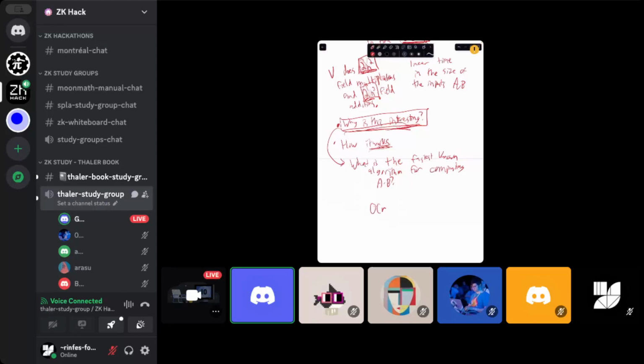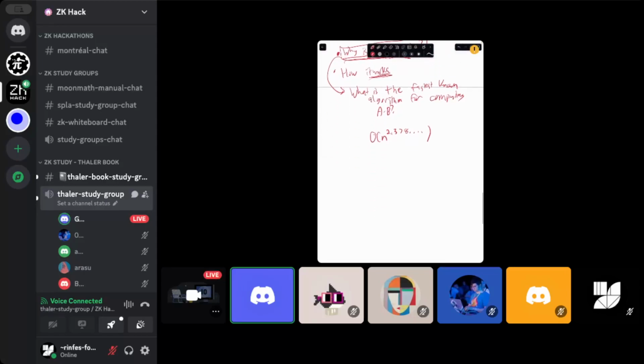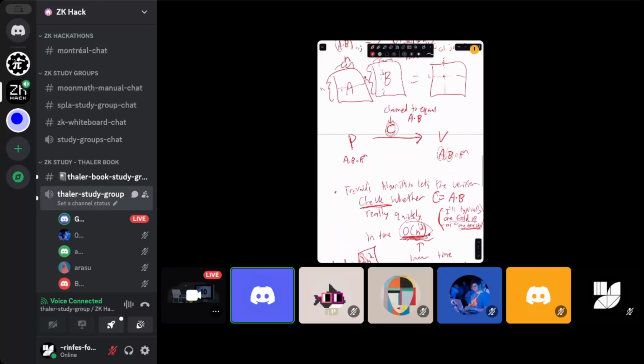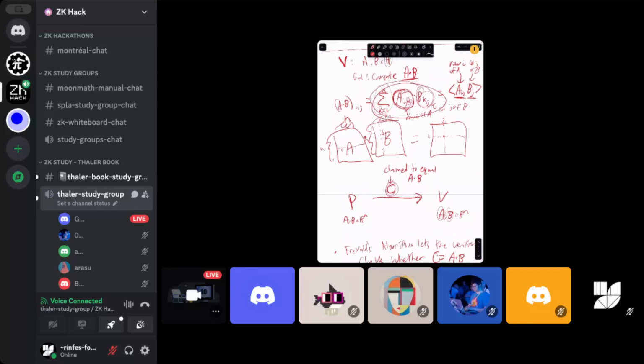I don't have the exact runtime in front of me, but it's something like n to the 2.378 something something something. It's not really important for SNARKs, but I'll give a brief history of this. The naive algorithm that directly follows from the definition of matrix multiplication takes n cubed time.